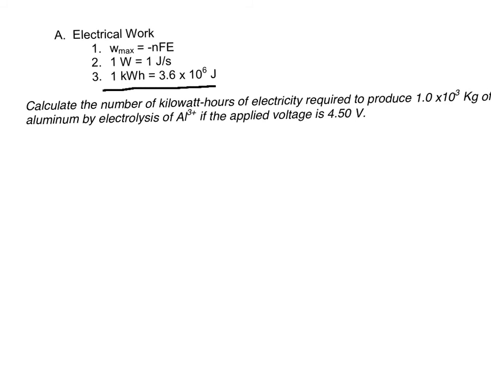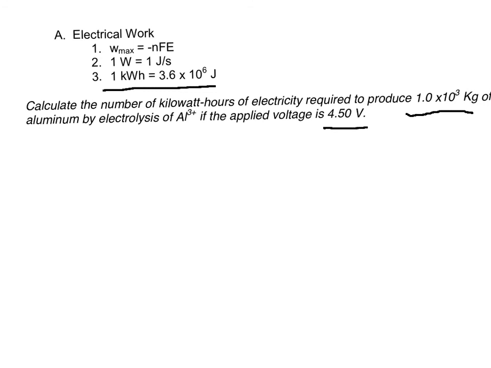Now it gives me the mass of aluminum that was produced, and it also gives me the voltage, which is the electric potential. And I can kind of treat this backwards from what we did before.